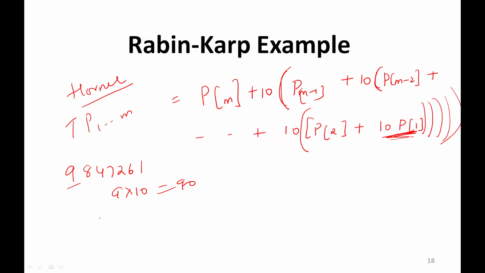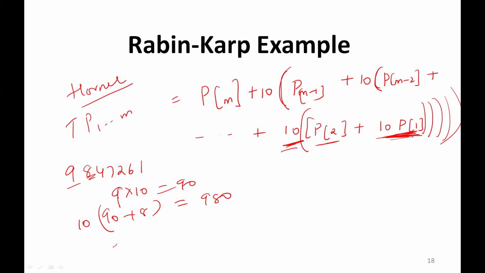Then when you have the second number, you have to do one more multiplication with 10, then only it becomes the next position, right? So you have 90 alone here. Then when the second number comes, you will have 90 plus 8, the whole multiplied by 10. This is 8 and this is 90, then the whole is multiplied by 10. So that will become 980.